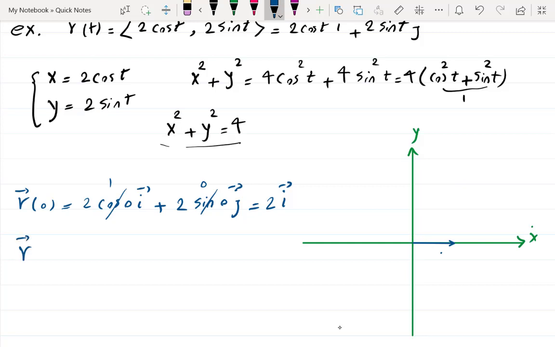Then we plug in pi over 4. r of pi over 4 is equal to 2 cosine of pi over 4 i plus 2 sine of pi over 4 j.